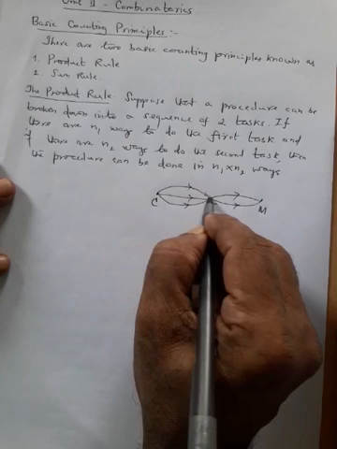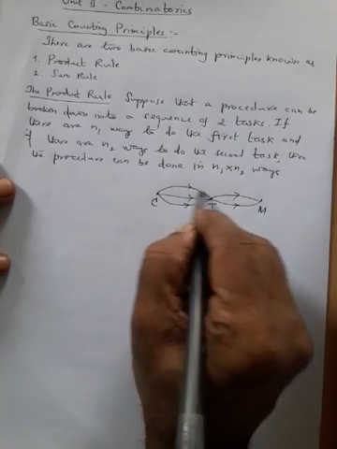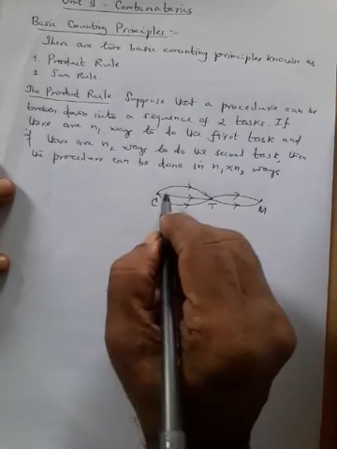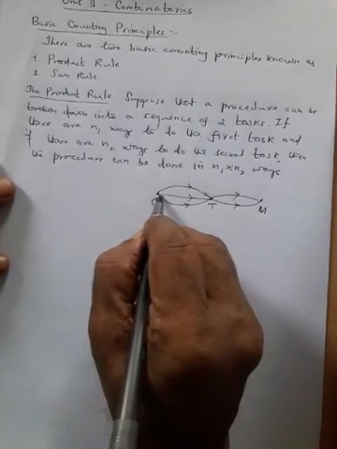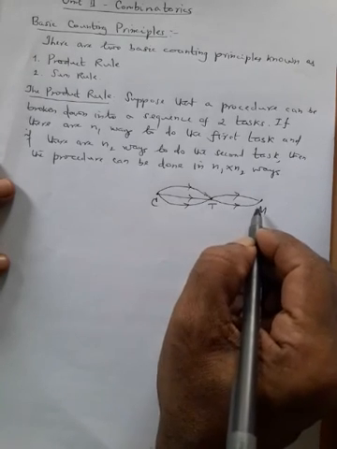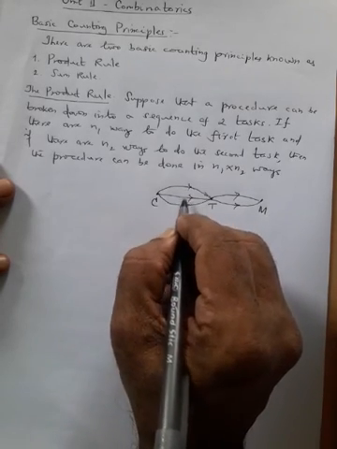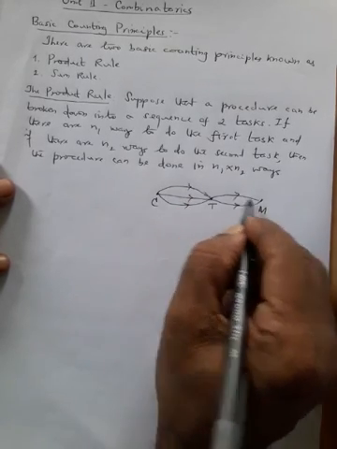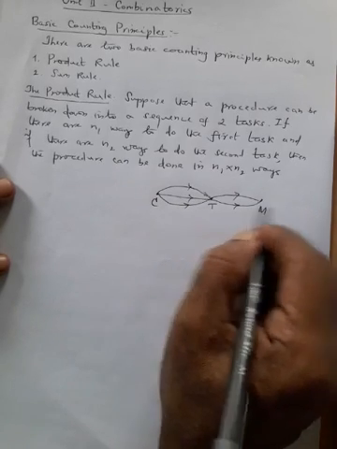For each one route, there are 2 routes here. For the next route from Chennai to Trichy, there are 2 ways to reach Madurai. Therefore, for 3 routes, there are 3 into 2, 6 ways.